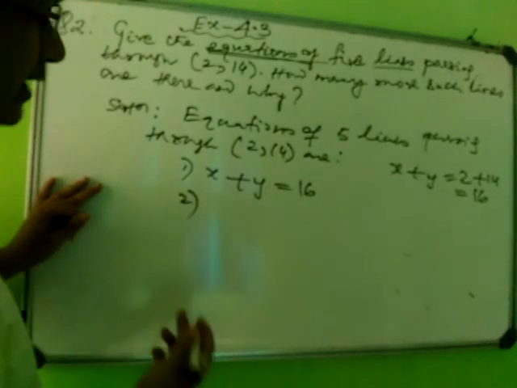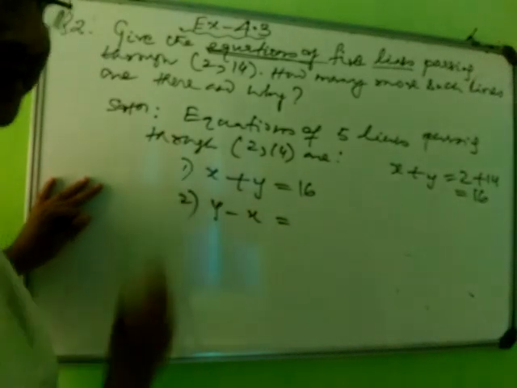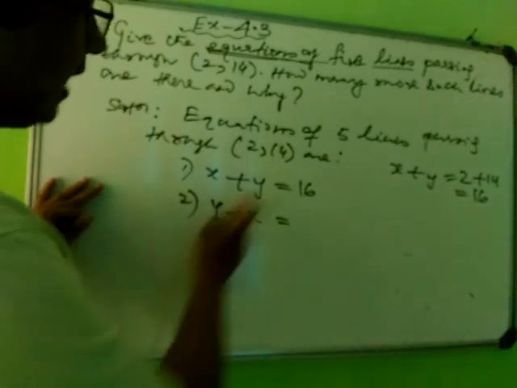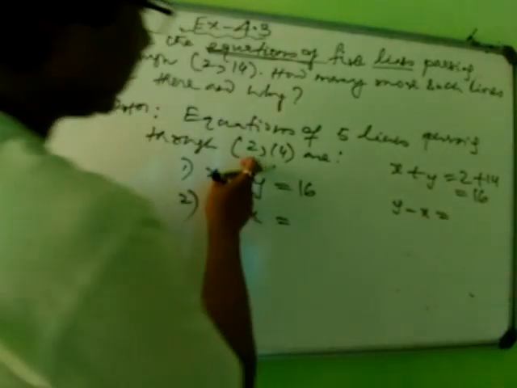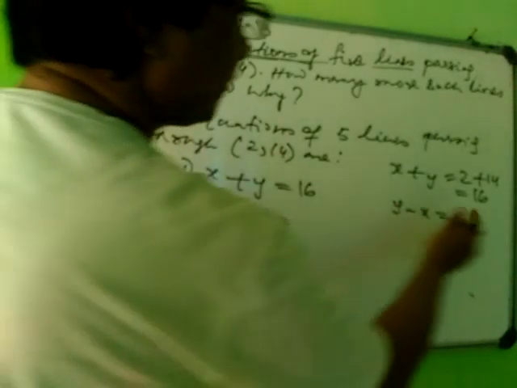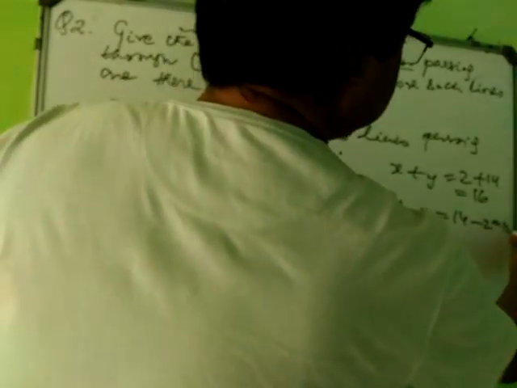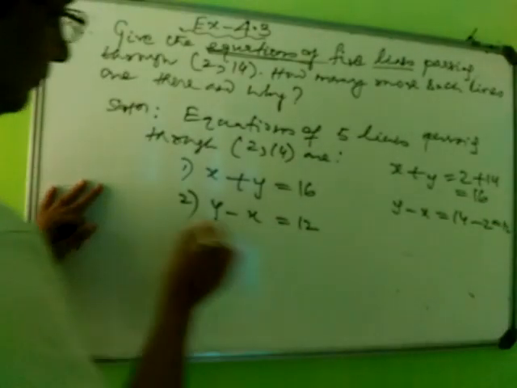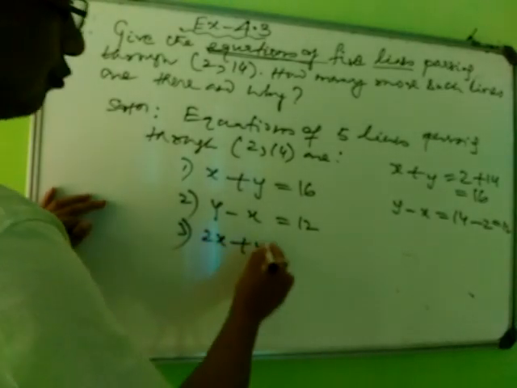Say number 2, you can take your own, or say y minus x. So y is 14, x is 2. So y minus x is 14 minus 2, you will get 12. Say 3, supposing it is twice x plus y.